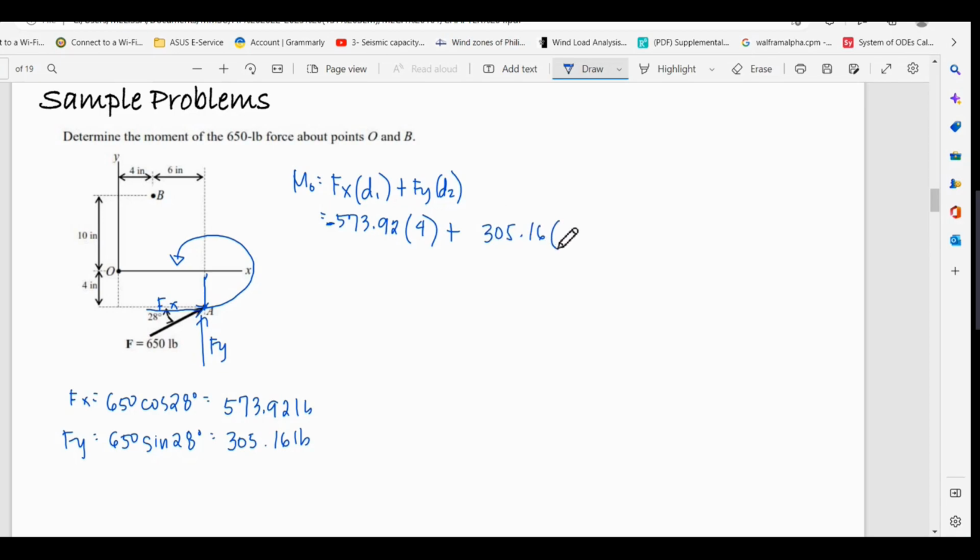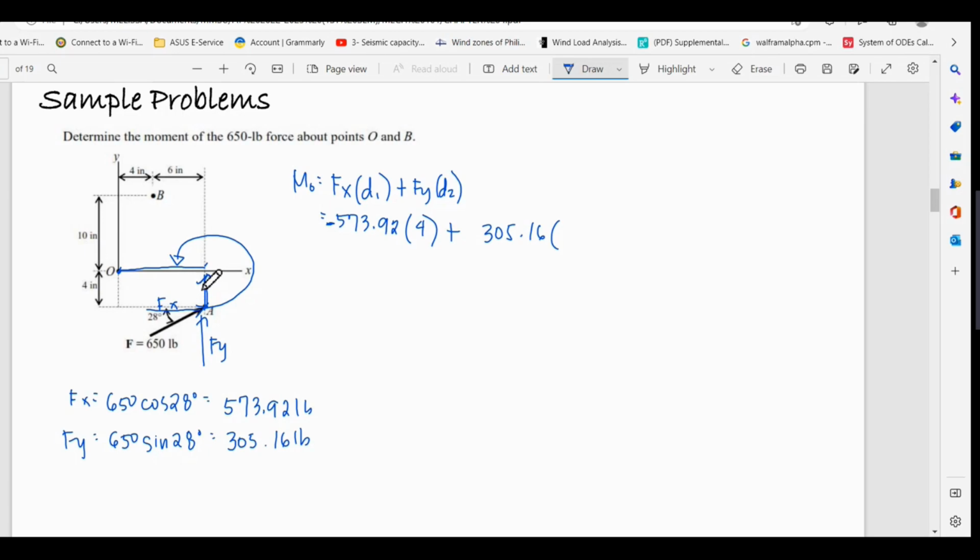What is the distance in perpendicular to our point O? Ito yung ating Fy. So, ano yung main distance? Ito, di ba? This distance perpendicular to our point O. So, parang naghahanap lang tayo ng stick. Ang magiging tip niya will be the moment center. So, maghahanap ako ng parang stick na magro-rotate. So, if we have here a stick, okay, and then also Fy din naman to, di ba?